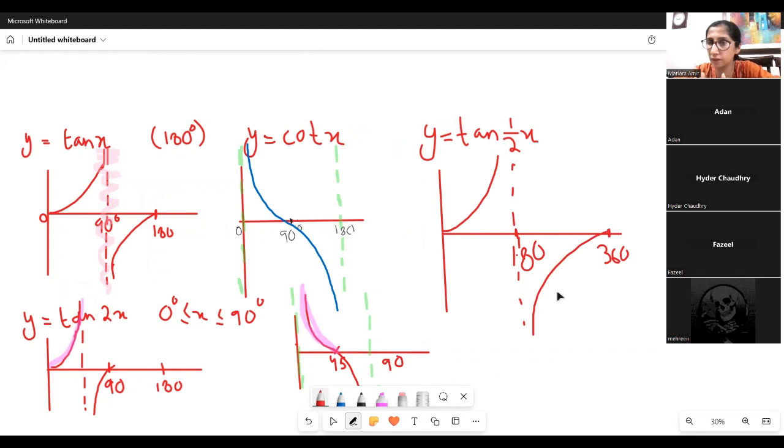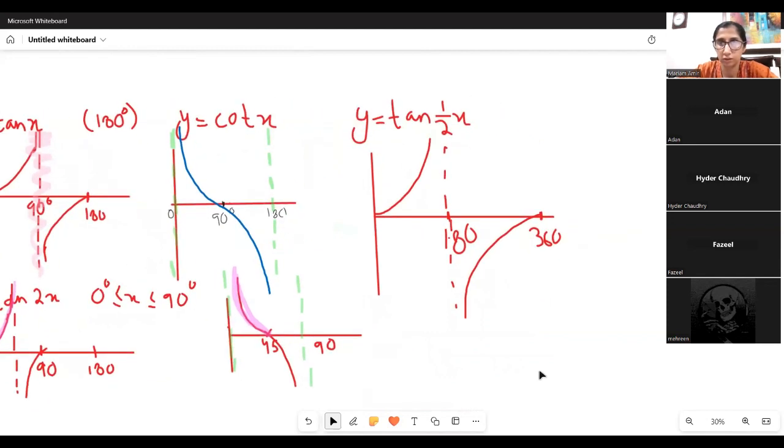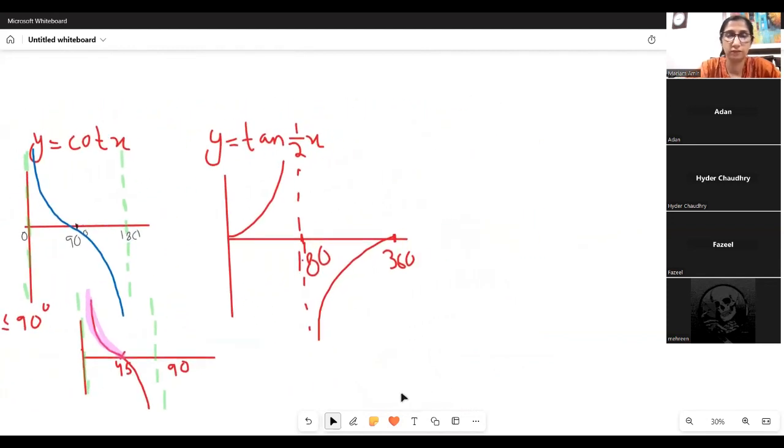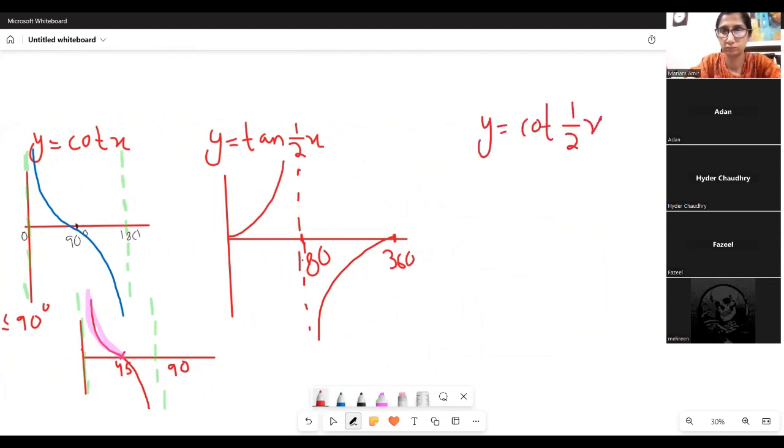ज़्यादातर questions में वो आपसे खाली 0 to 180 ही plot करा. And then you plot cot half x. So the asymptote is going to be between 0 and 360 degree. ठीक है.